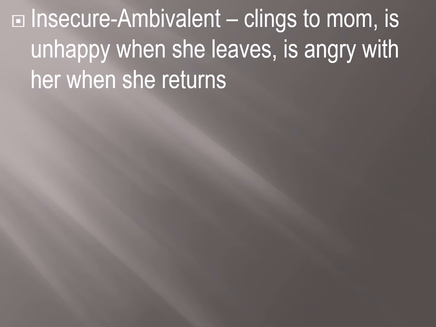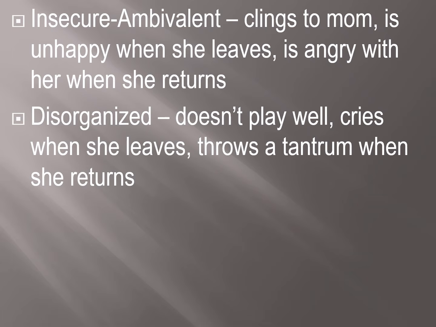Ambivalent is if they're kind of needy, cling to the mom, really mad when she leaves, and they're mad when she comes back because she left. And then disorganized is they just don't attach much. They don't play well with others. They cry when the mom leaves, and they throw a huge tantrum when she returns.